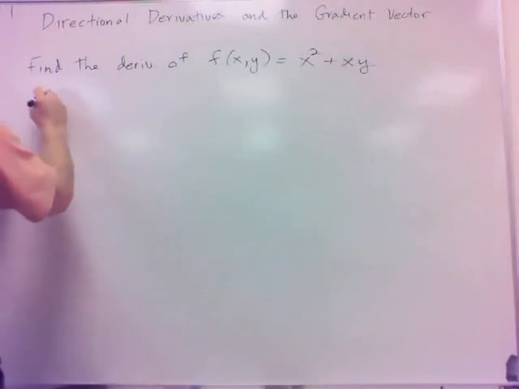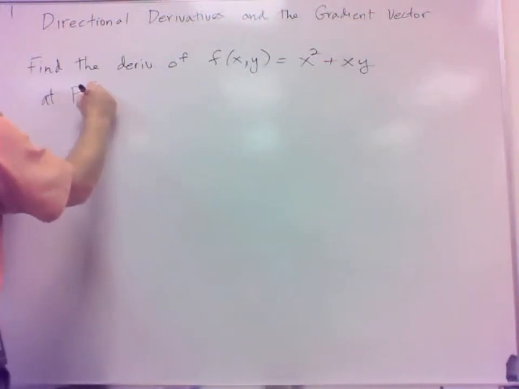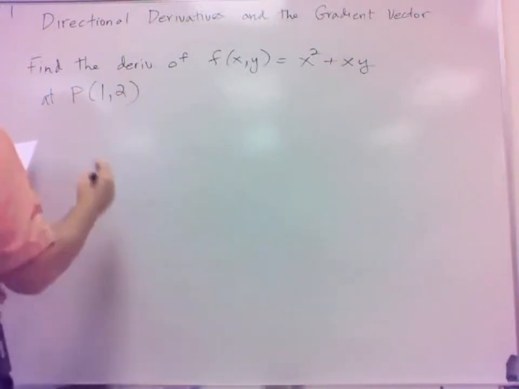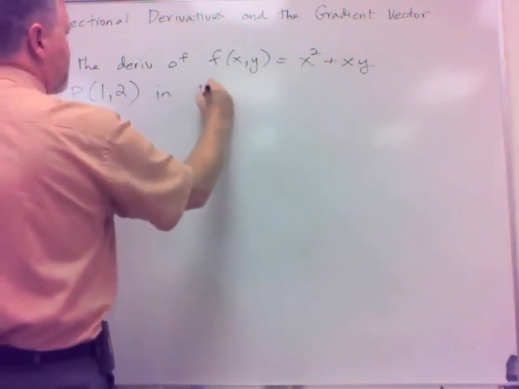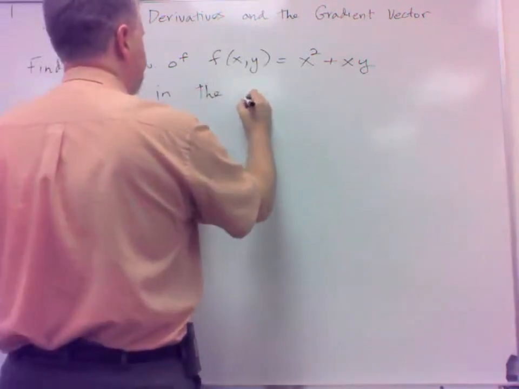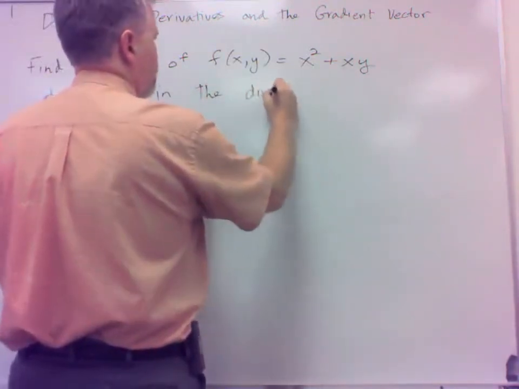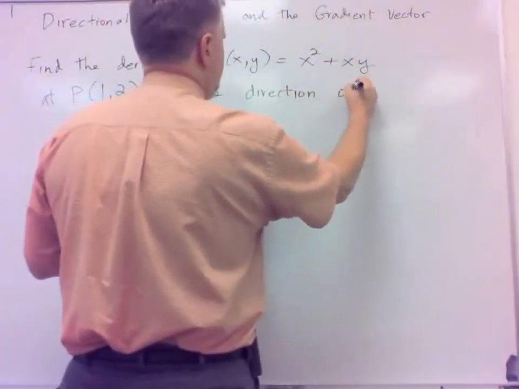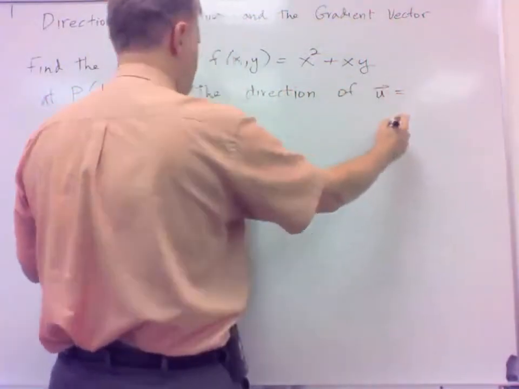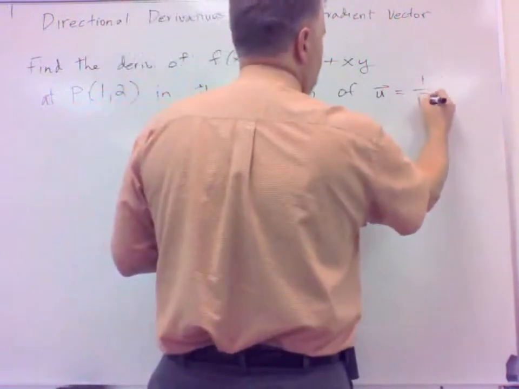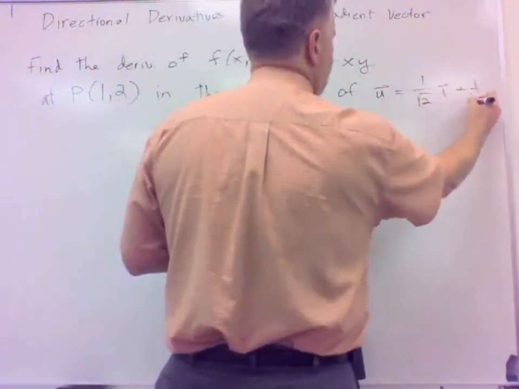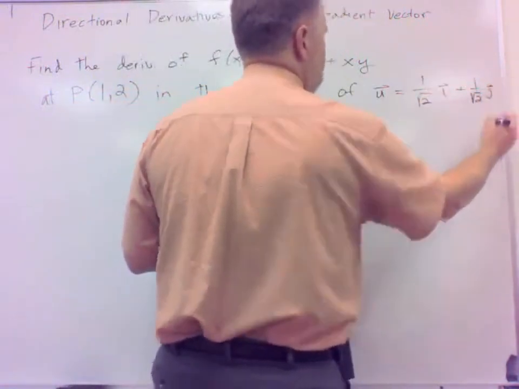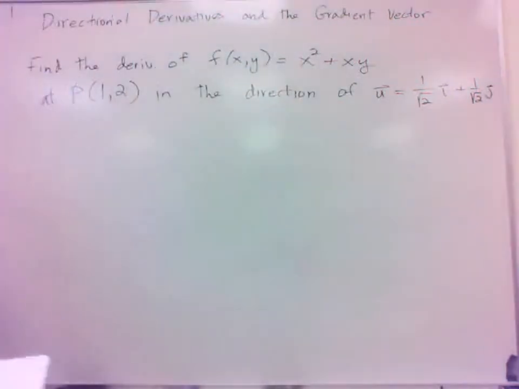So find the derivative at P(1, 2), the point (1, 2), in the direction of the unit vector 1 over the square root of 2 i plus 1 over square root of 2 j. So that's just a vector 1 unit long in a different direction.